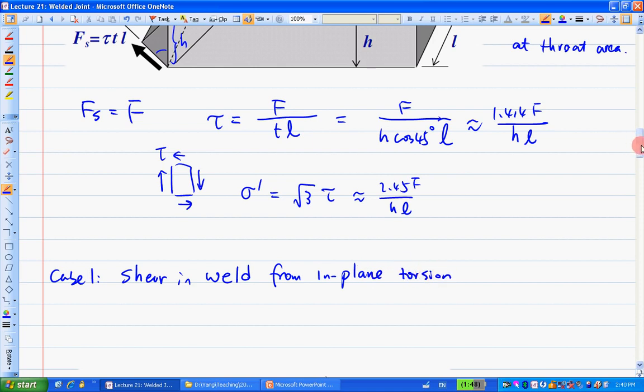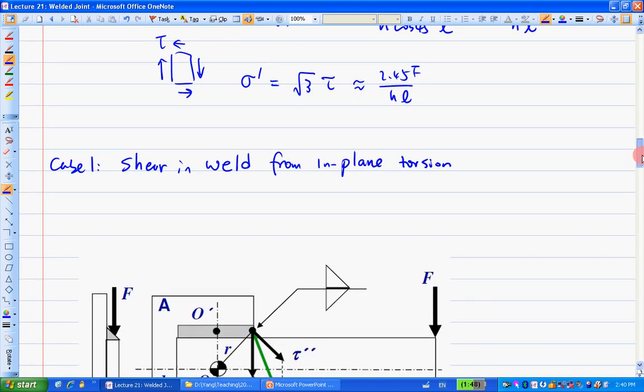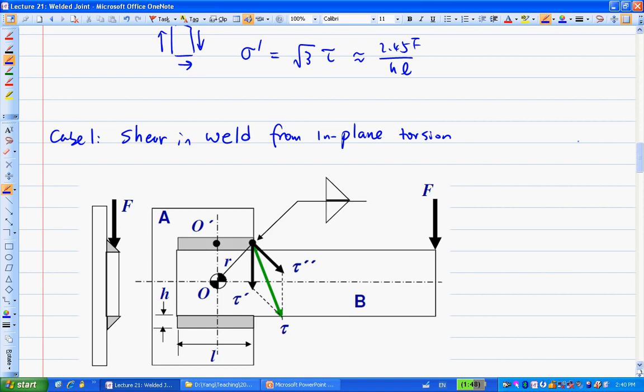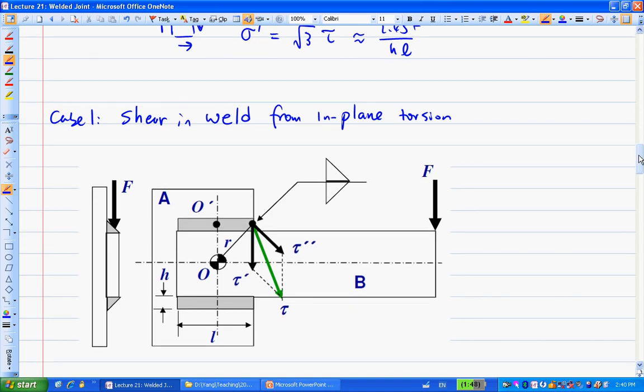Okay, so let me show you what we mean by in-plane here. So this is a diagram here. Let's try to visualize the diagram. Basically, you have a parent metal here, and you have another parent metal, base metal, here. Then you weld these two together.